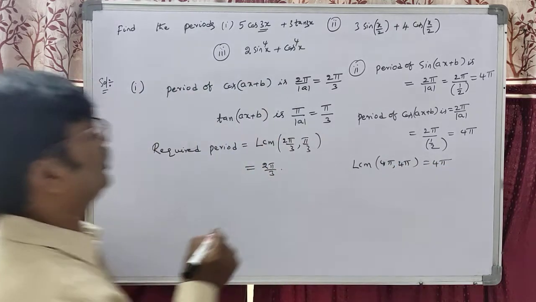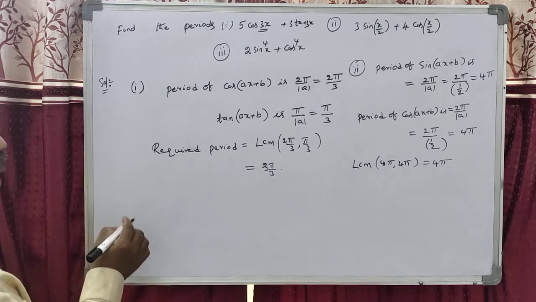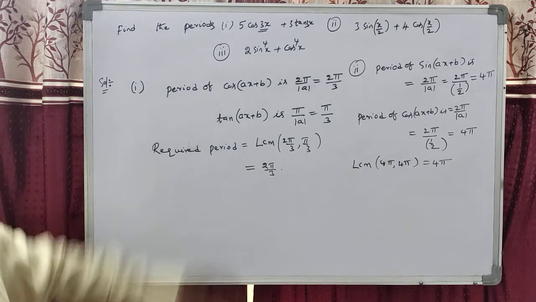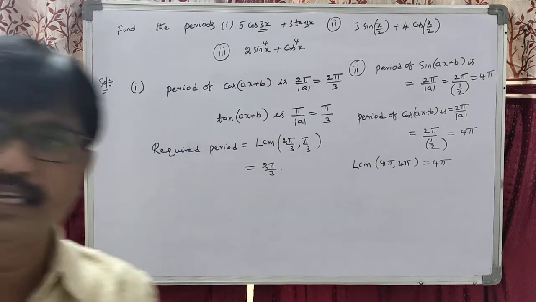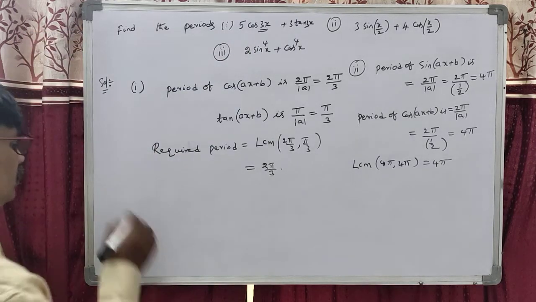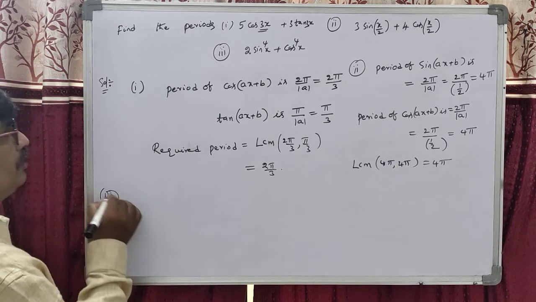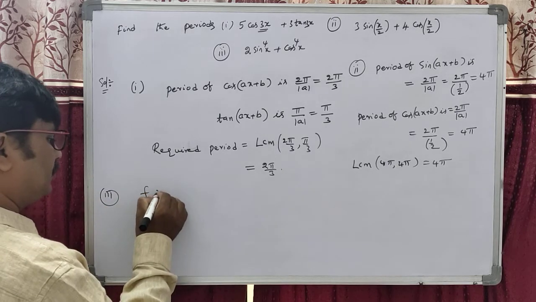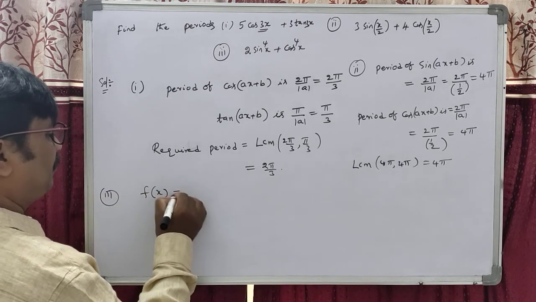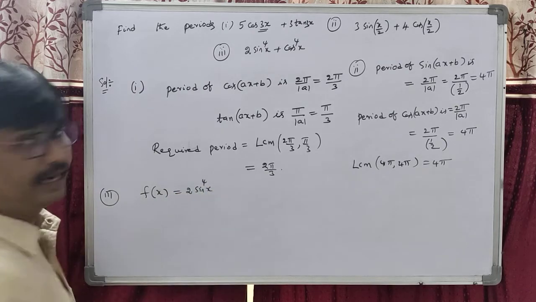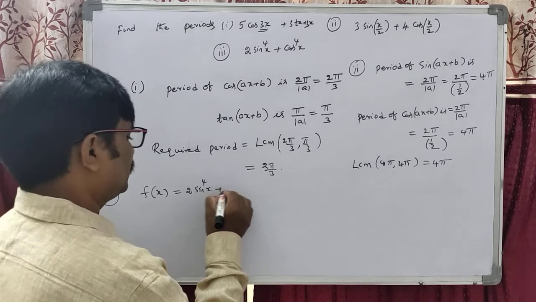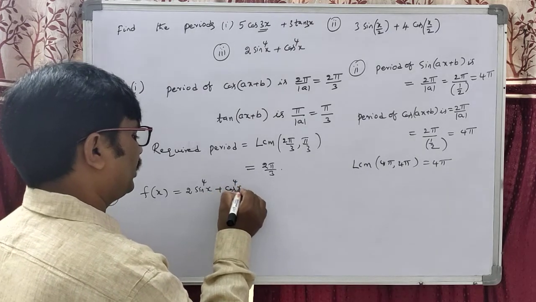Now students, question number 3. Suppose if you are confused, students, then we take first f of x. The f of x is 2 into sin power 4x plus cos power 4x.